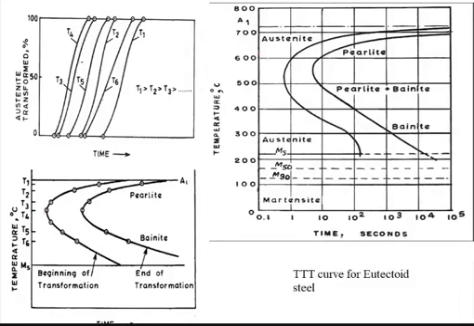Now regarding this incubation period, for T1, T2, T3, you can see initially the incubation period was high and slowly decreases. Then below T4, the temperature is lower, and the incubation period has increased again, because we know that close to 200 degrees centigrade carbon diffusion starts.